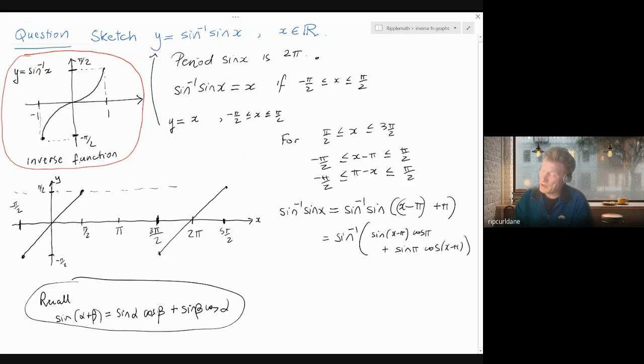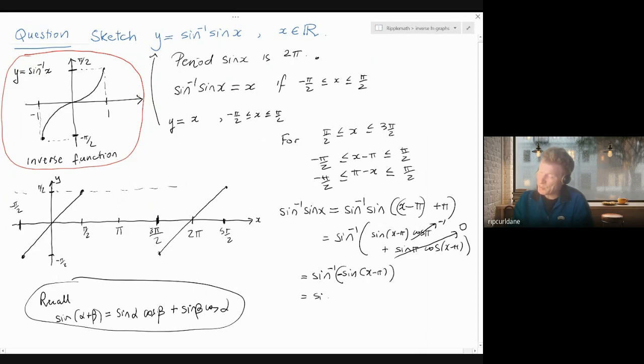So that one's 0 because sine pi is 0. Cos pi is actually -1. So that's going to give us sine inverse sine. Well, it's really minus sine, right? Sine is an odd function though.